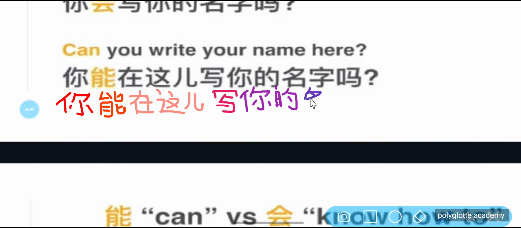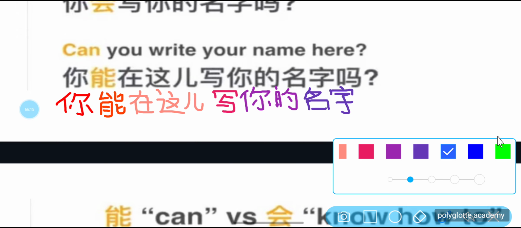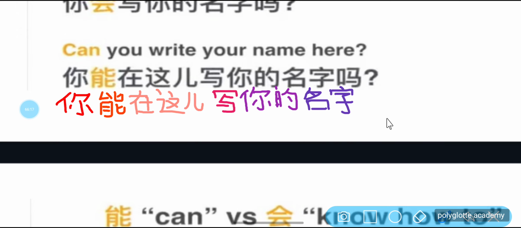Let's write that. So we have 名字, 名字. That is it. We have ma. The character ma is a question particle.